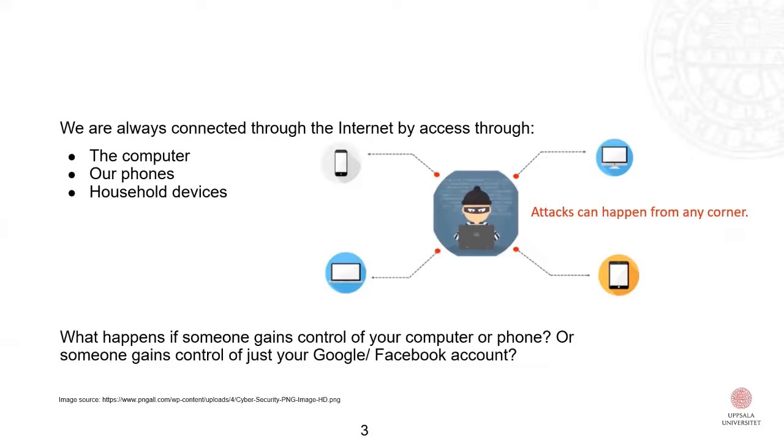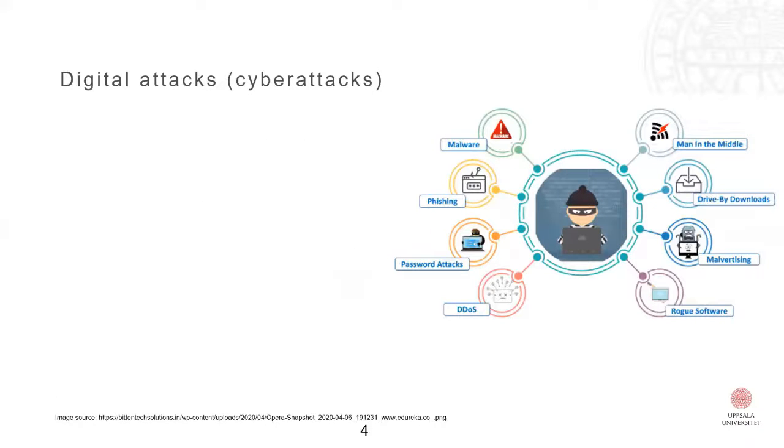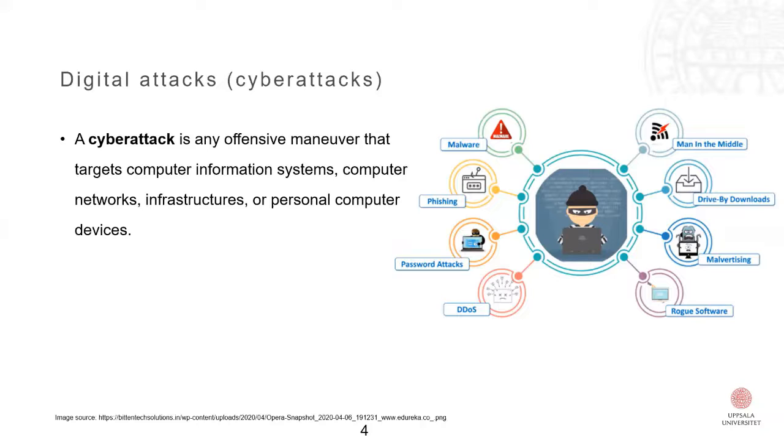What happens if someone gains control of our computer or gets access to some of our personal accounts? These are called digital attacks. More formally, a digital attack or cyber attack is any offensive behavior that targets a computer system or information, or computer networks or infrastructures, or personal computers.